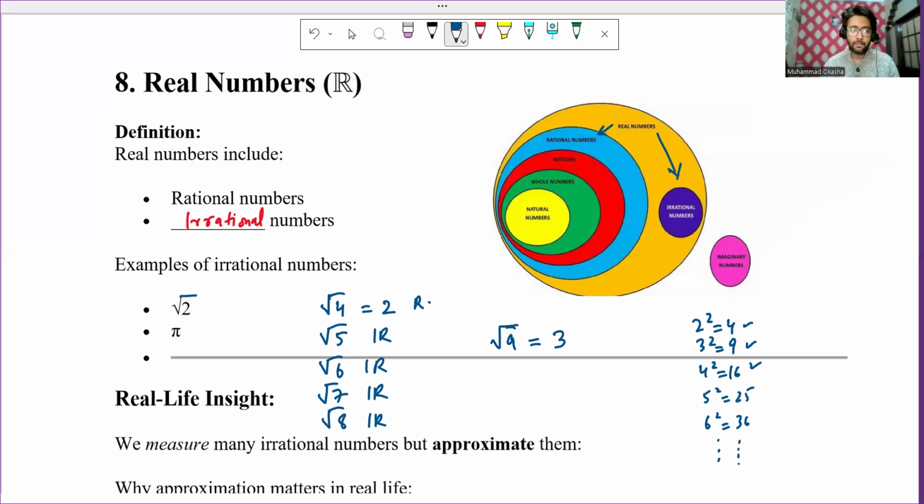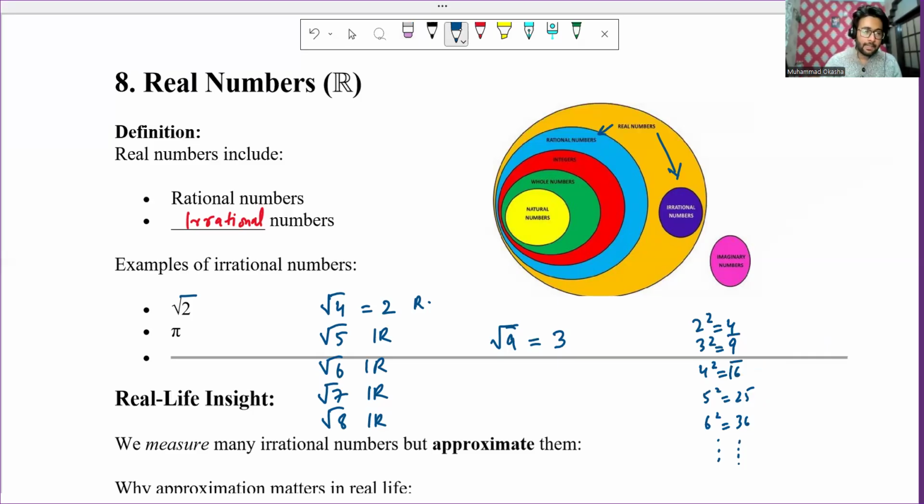Any number between 16 and 25 is not a perfect square. So take any number, for example, 5, not a perfect square. 6, not a perfect square. Take any numbers between 9 and 16. 10 is not a perfect square. 11 is not a perfect square. So if you take the square root of any number that is not a perfect square, you will get an irrational number.